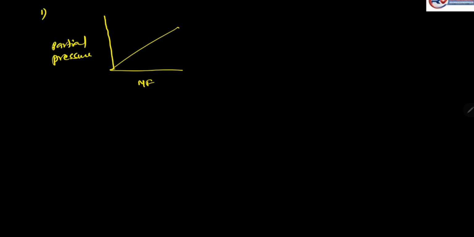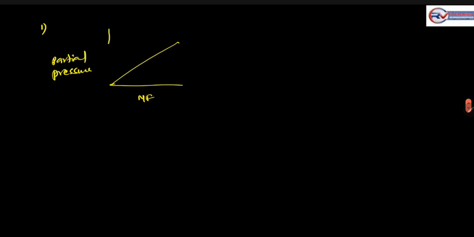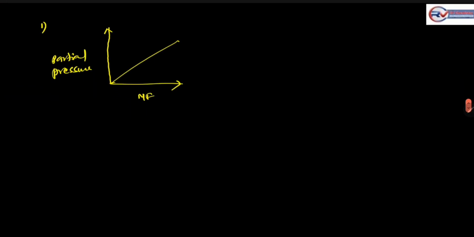It gives a straight line. The graph is a straight line, and the slope equals KH.